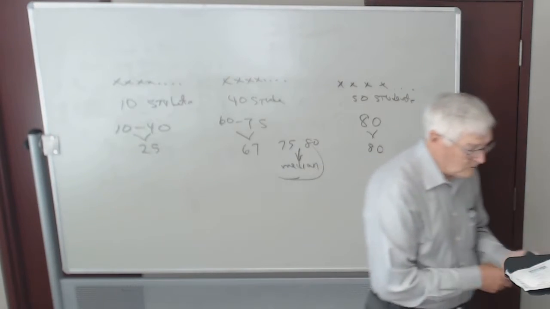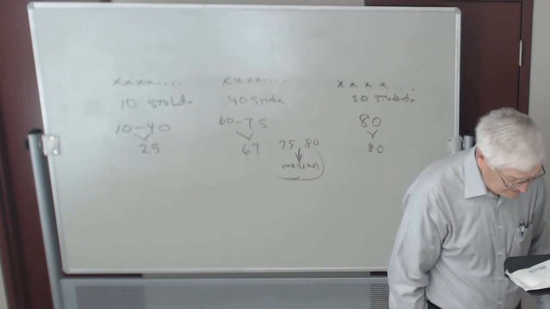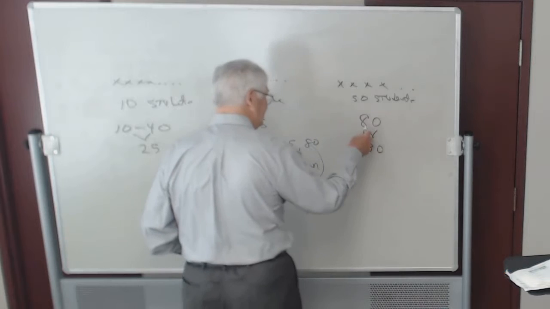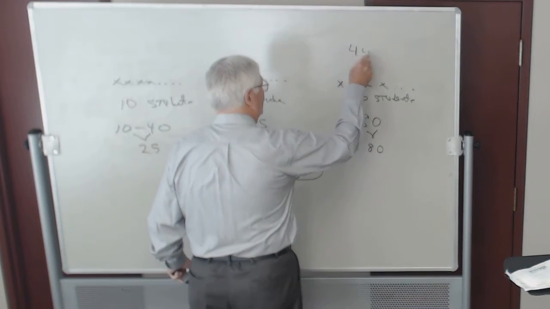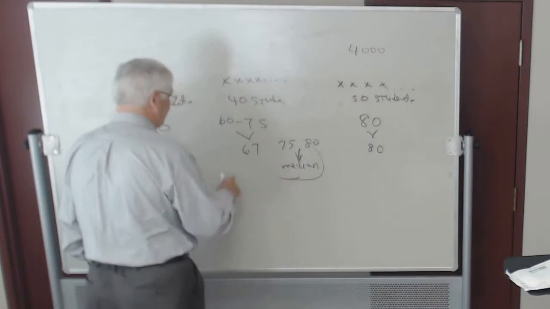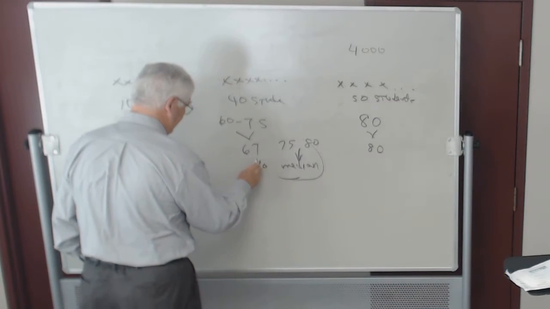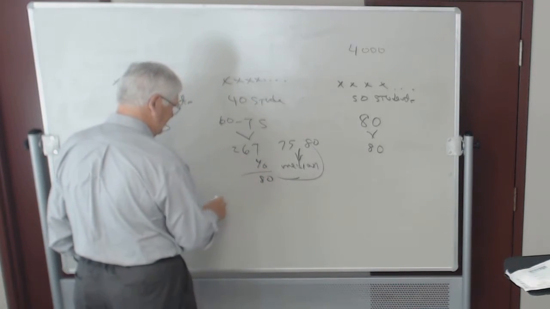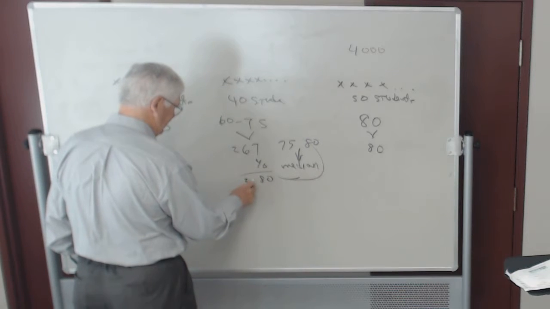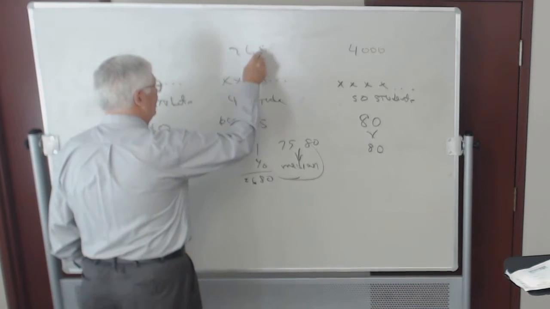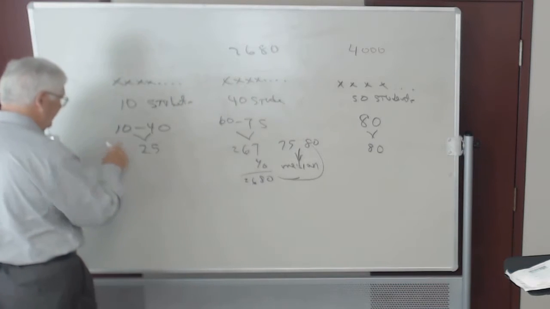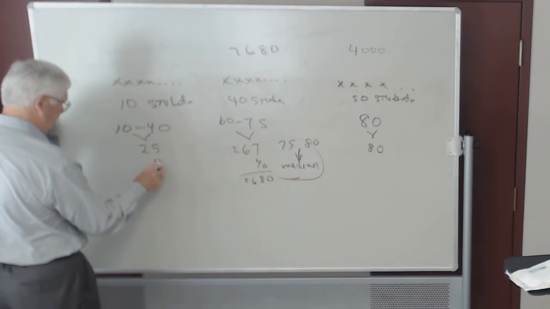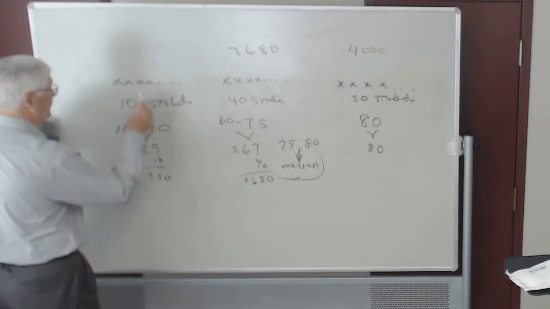So, what's the mean? Well, I would have 50 times 80, which would be 4,000. 67 times 40, 2680. And 10 times 25, 250.